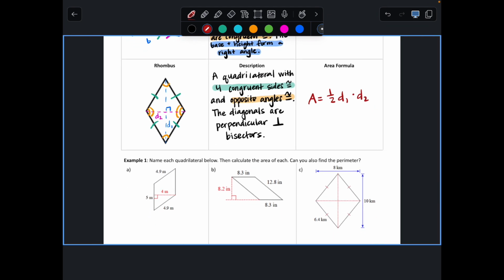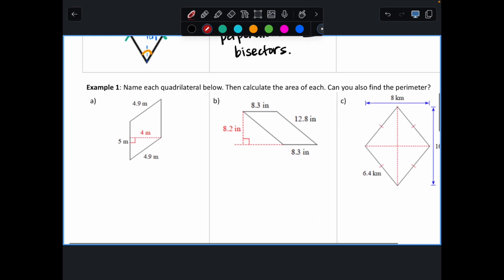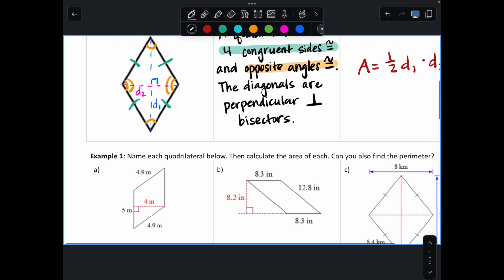Okay, let's name each quadrilateral below and then calculate the area, and we'll also see if we can find the perimeter. Is A a rhombus or a parallelogram? Parallelogram.